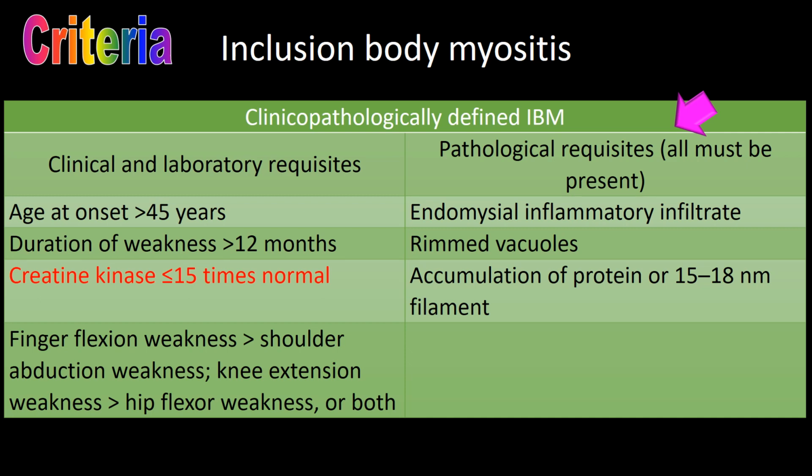The clinical pathological definition of IBM also has pathological requirements that must be met to establish the definite diagnosis of IBM. They are endomysial infiltration by inflammatory cells, rim vacuoles, and accumulation of protein, amyloid, or accumulation of thick filaments.